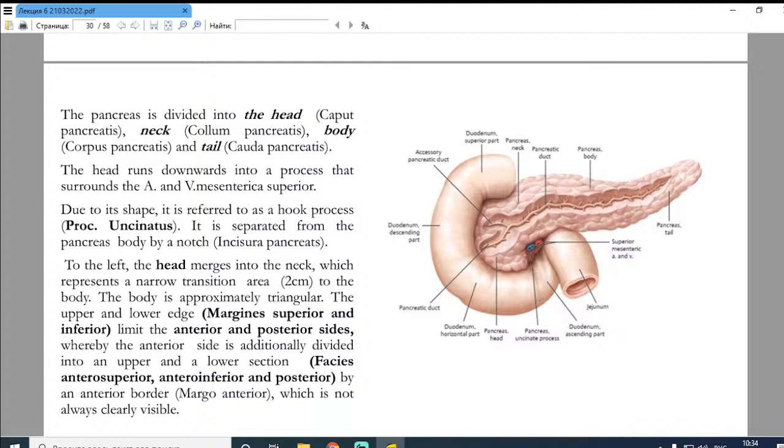Facies anterior superior, anterior inferior and posterior, by the anterior border, margo anterior, which is not always clearly visible.